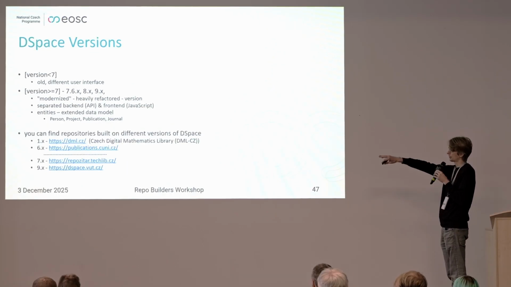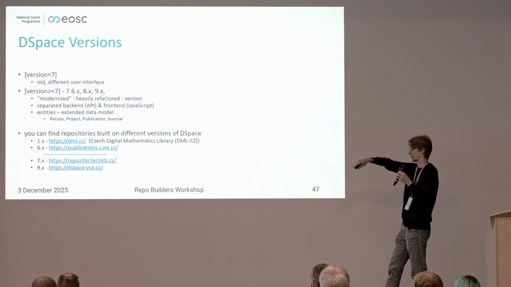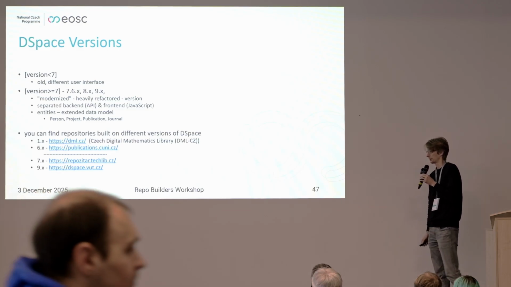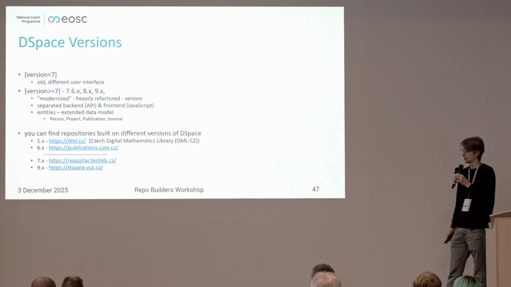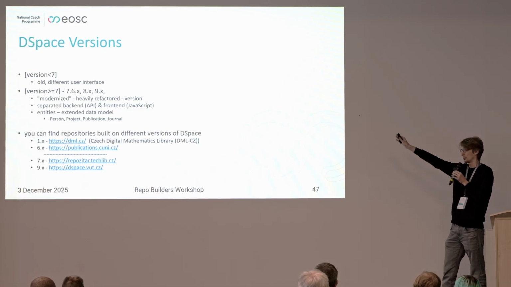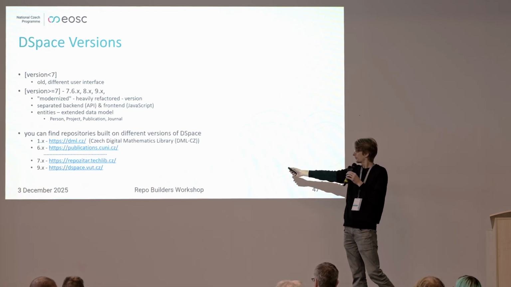At Charles University we used DSpace before version 7, and they are integrated into some of our workflows as a repository for publications and theses. So if you would like to see a heavily customized older version of DSpace, you can have a look at publications.suni.cz. Then there is the line, and some newer installations are using newer versions of DSpace.